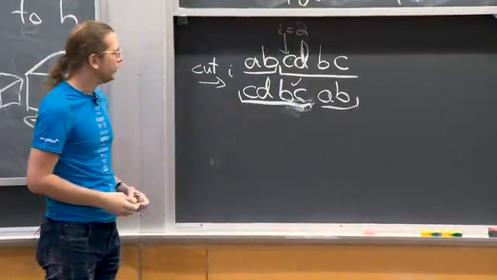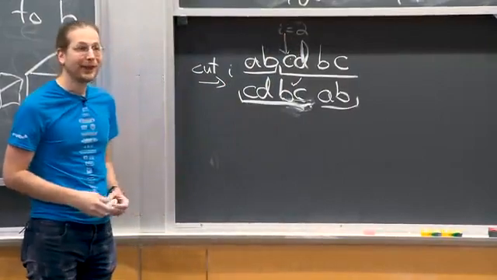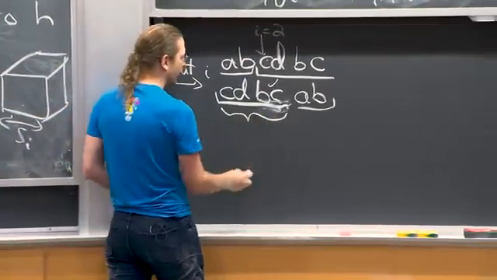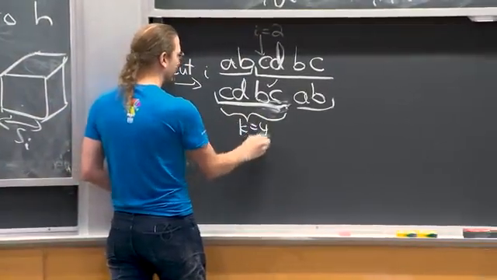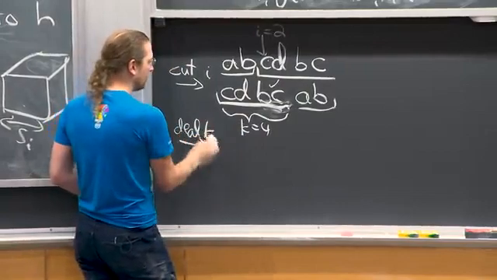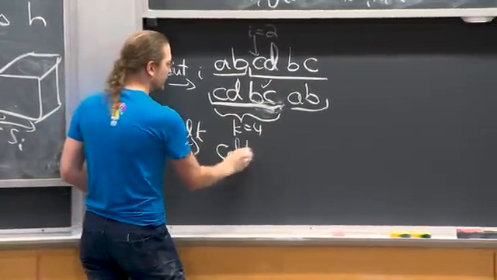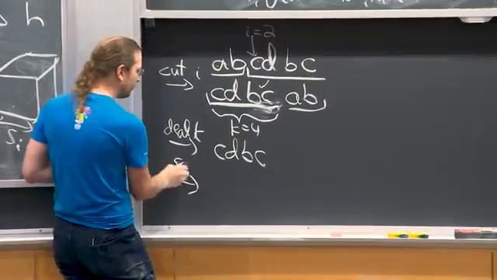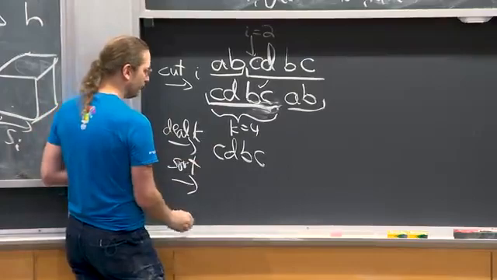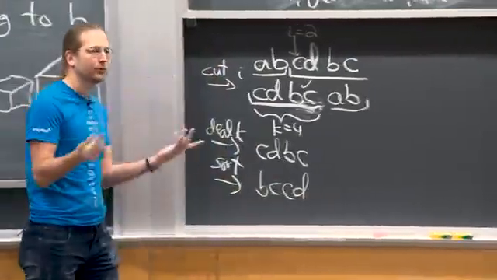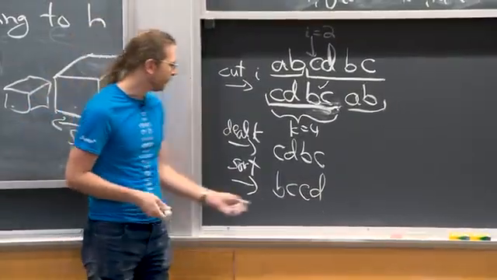Then we deal the top K cards. So let's say we deal the top 4 cards. K equals 4. So this is deal K. So we get C, D, B, C in that order. But the order doesn't matter because the last operation we do in the problem is sort them, which is B, C, C, D. Like you do when you get a hand of cards, you tend to sort them.